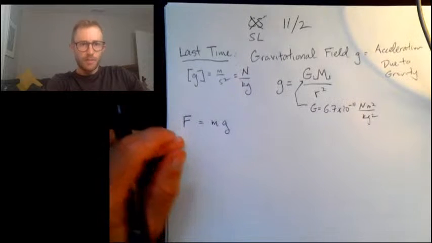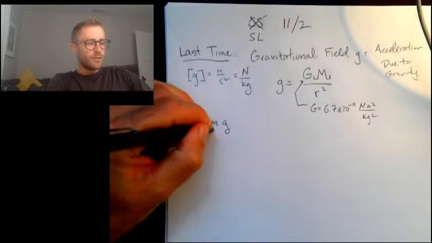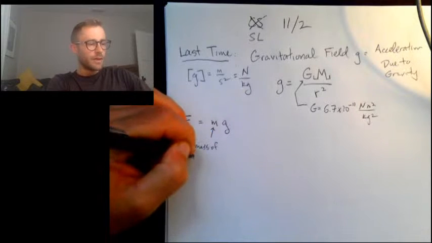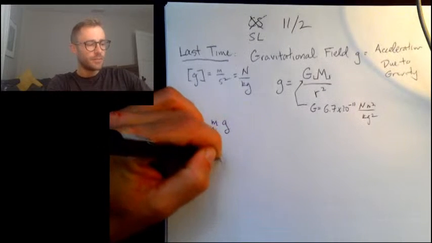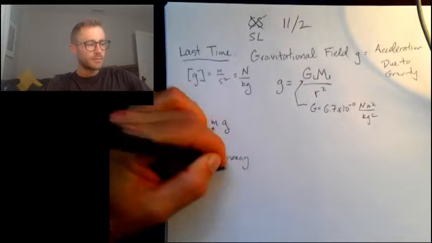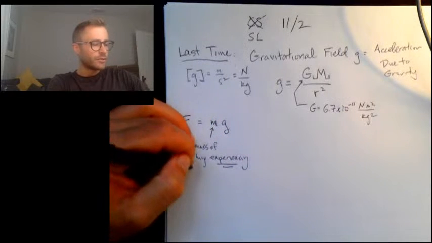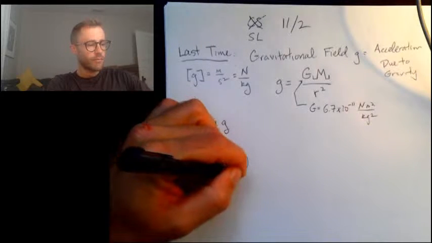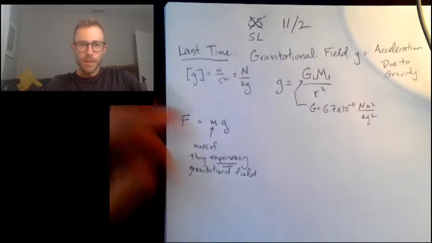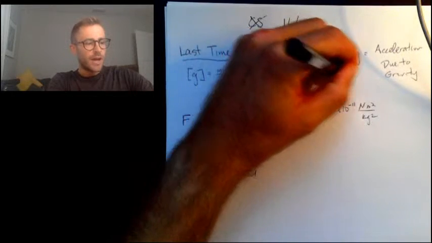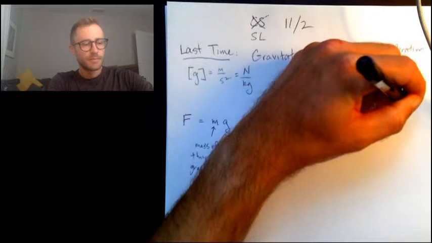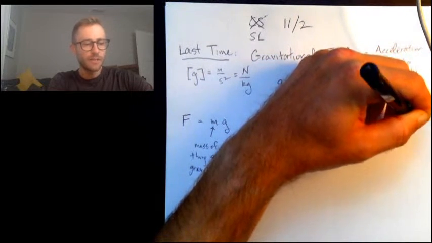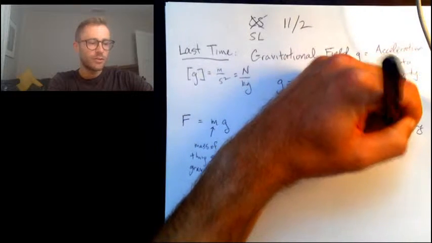What I want to point out here is that little m is the mass of the thing experiencing the gravitational field. Big M is the mass of the thing creating or generating the gravitational field.